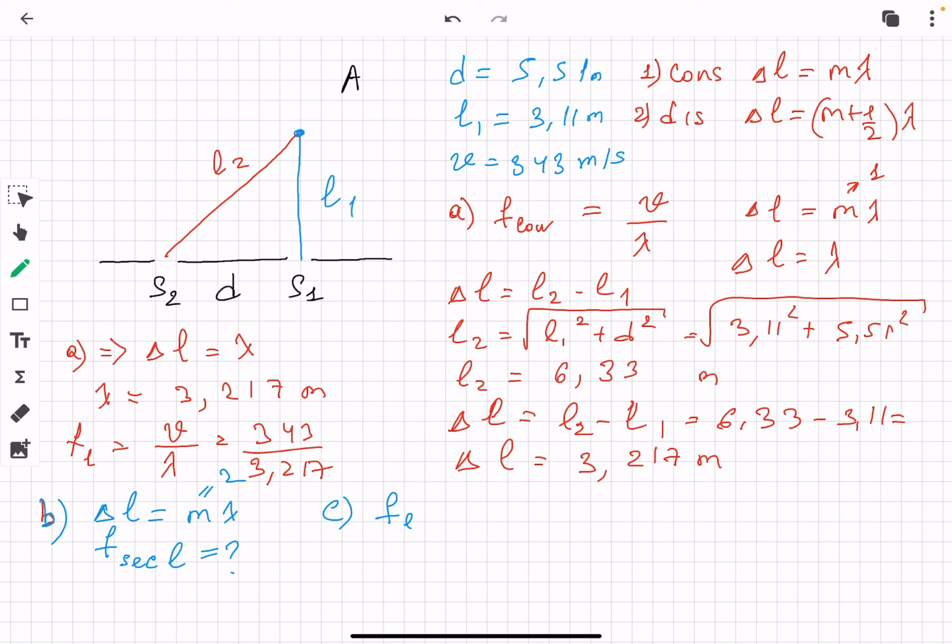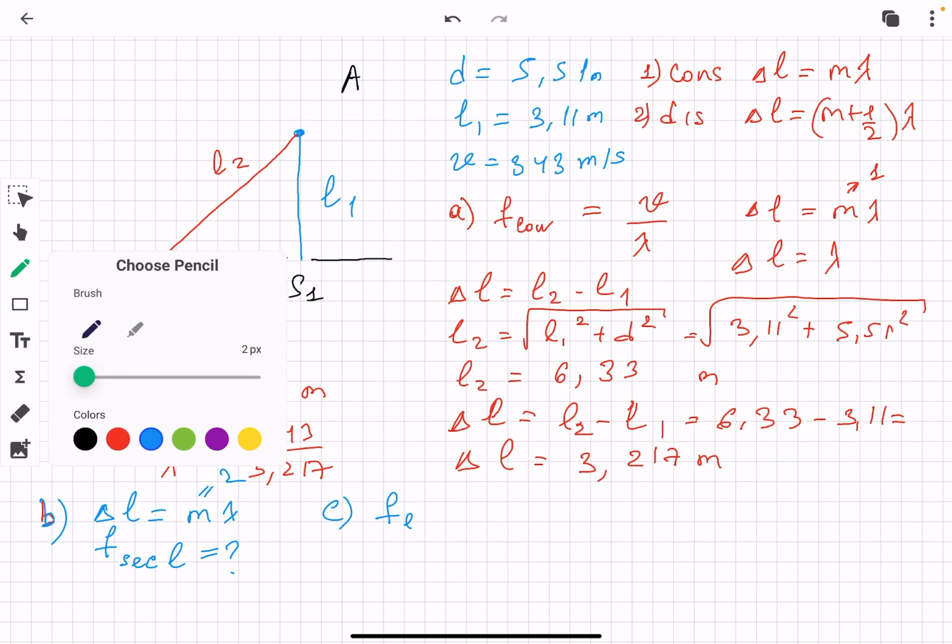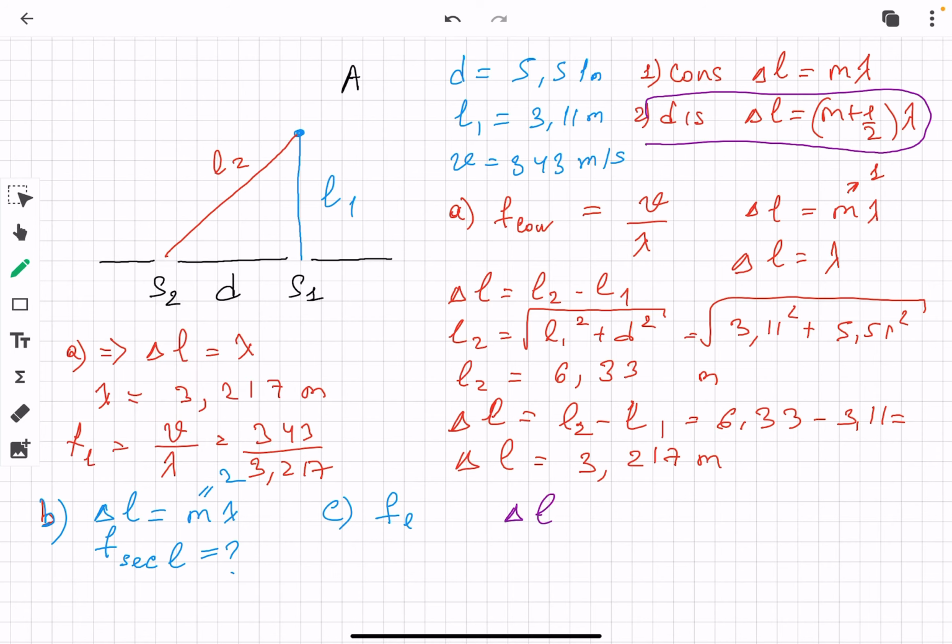For destructive interference we use the second equation: delta L is equal to (m plus 1/2) lambda. For the lowest frequency with a minimum signal, we put m equal to 0, so we end up with 1/2 lambda.